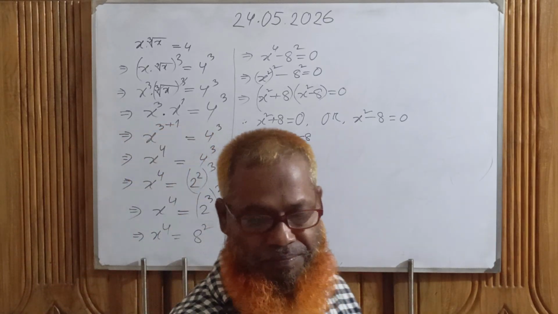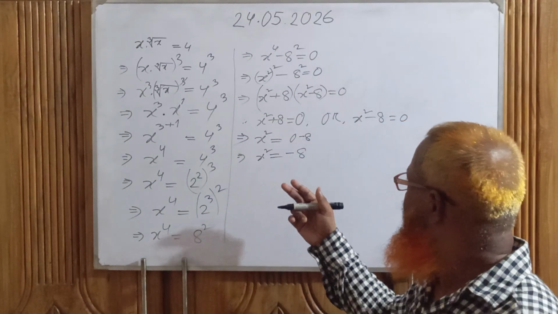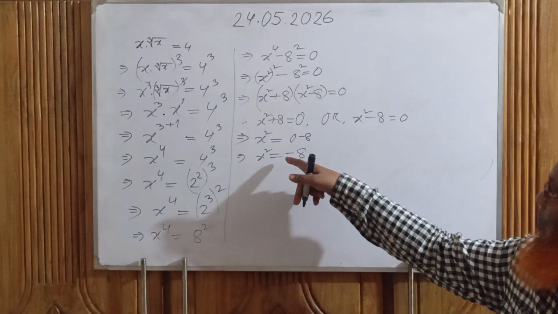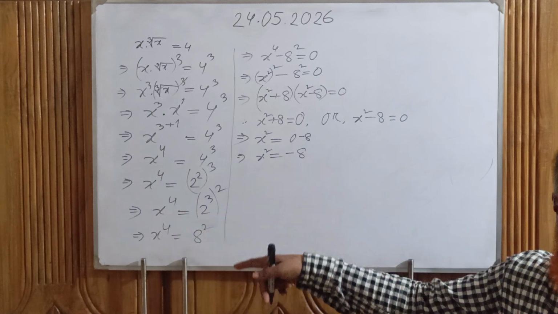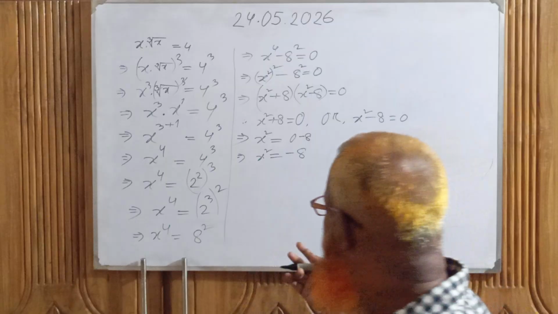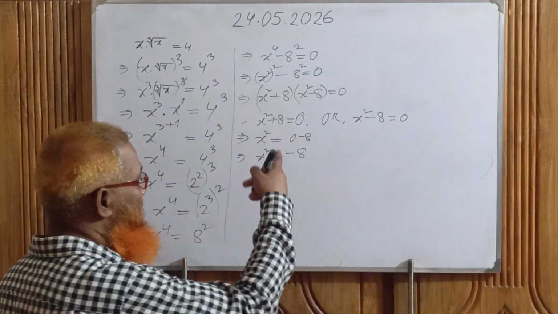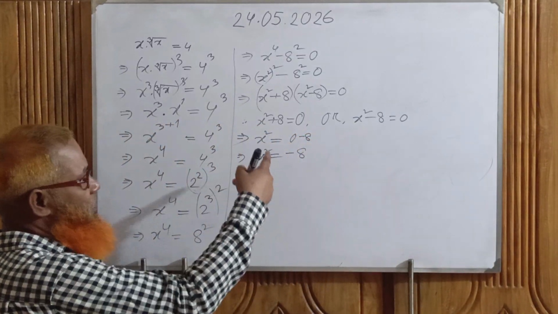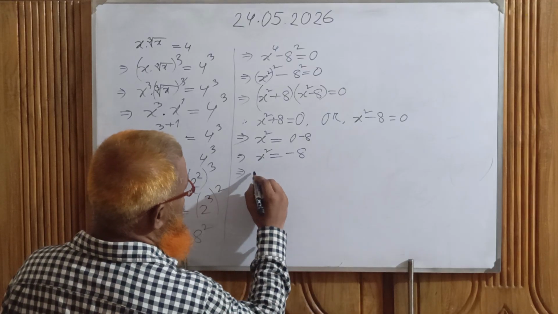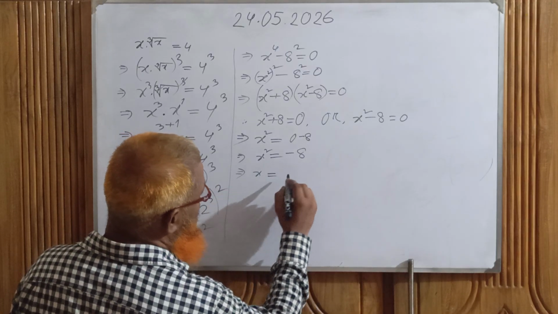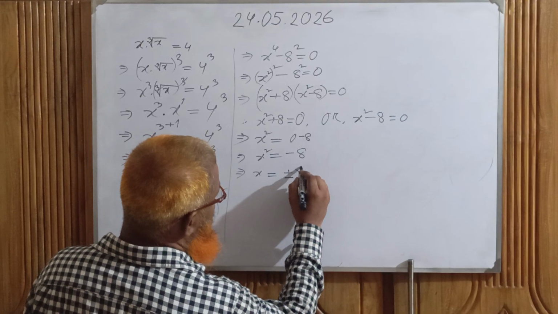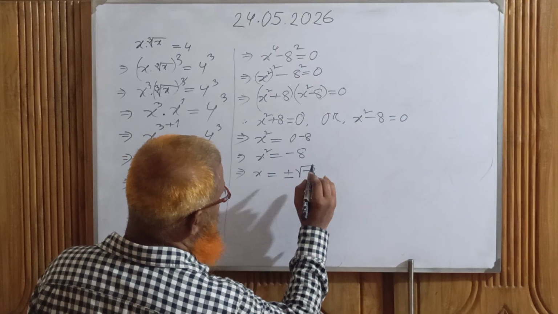This is a very complex equation because it is a minus. So now what do we do? For this equation, x equals plus or minus root over minus 8.